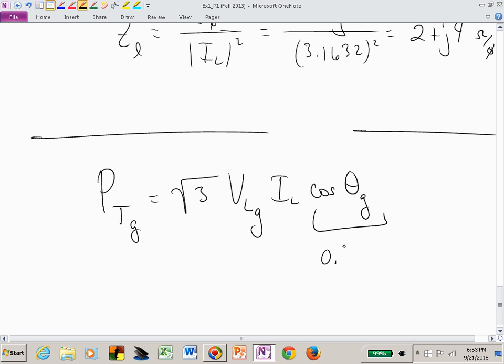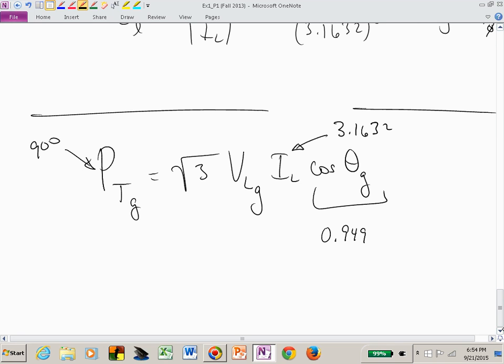This was given to us as 0.949. This we computed to be 3.1632. This was 900. The only remaining unknown is the line voltage at the terminals of the generator.